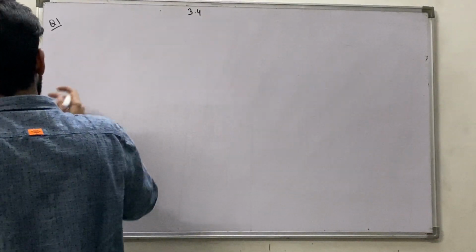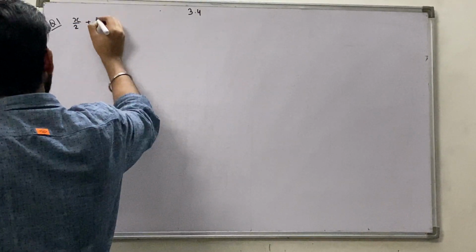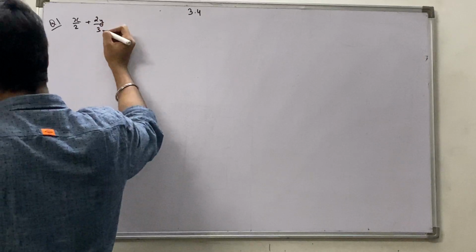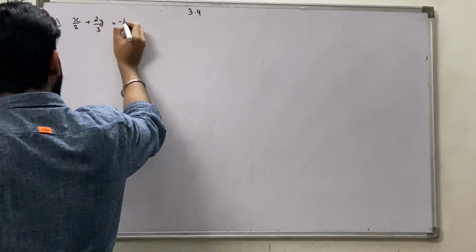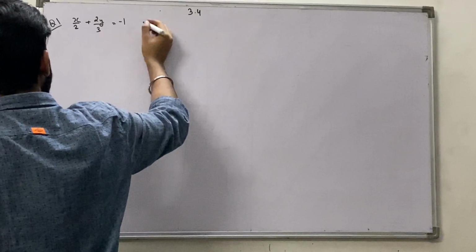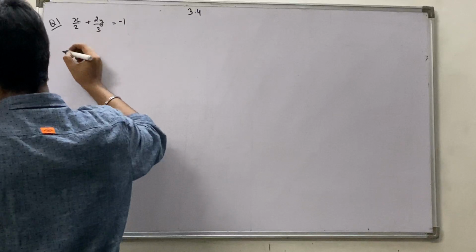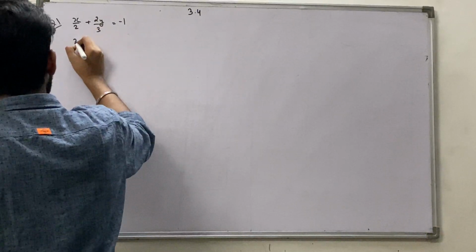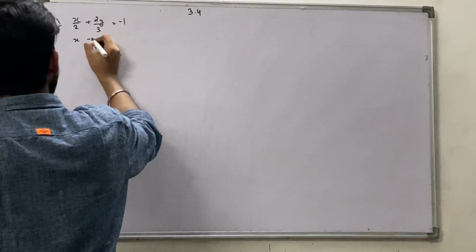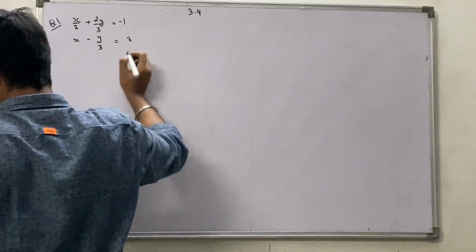So x by 2 plus 2y by 3 is equal to minus 1, and the second equation is x minus y by 3 is equal to 3.